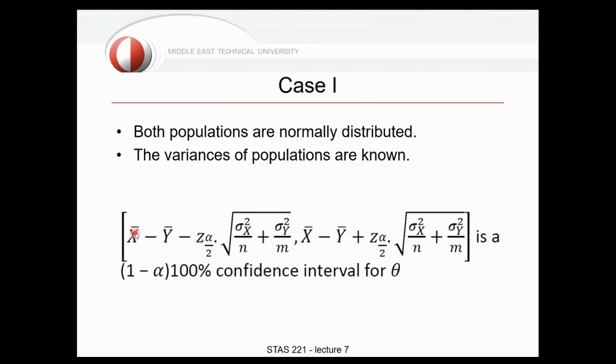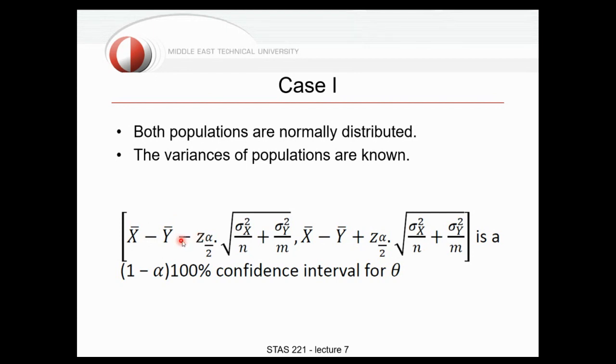Take a look at this one. We find the sample mean of the first population. So we take a sample, we find the mean of that sample, and subtract it. Then we have the sample mean of the second population. So this is the mean of the sample related to the second population.